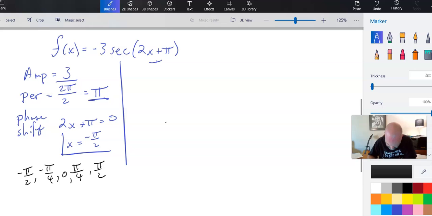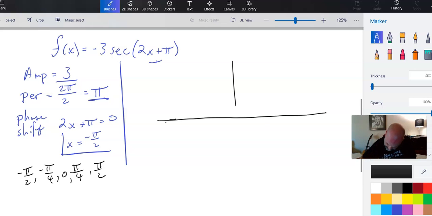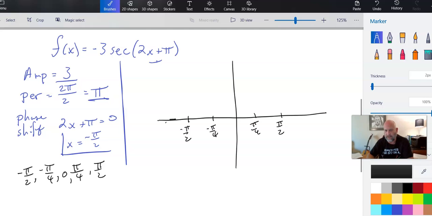Okay, so let's go ahead and do that, because it looks like it's pretty symmetric around the y-axis, because we have negative pi over 2, negative pi over 4, pi over 4, and pi over 2. Right, so now it has a period of pi. We can see that from negative pi over 2 to positive pi over 2 has a distance of pi. Now, the amplitude is 3, and it's a negative.